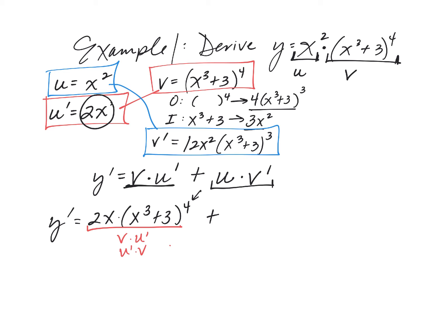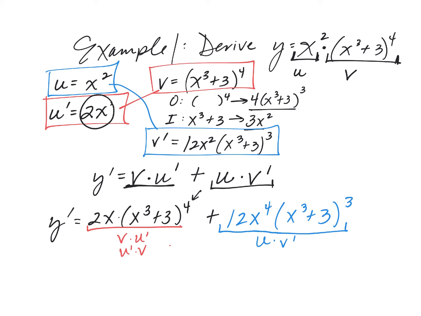So I'm going to multiply them together to get 12x to the 4th, because x squared times x squared would be x multiplied by itself 4 times. And then the x cubed plus 3 cubed will just go second. So this is u times v prime. And that is my final answer for now.